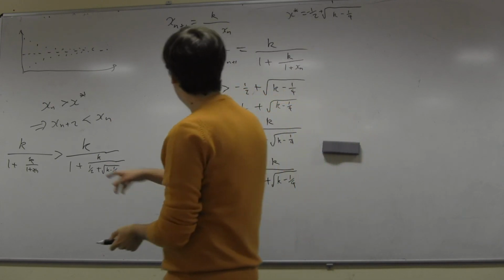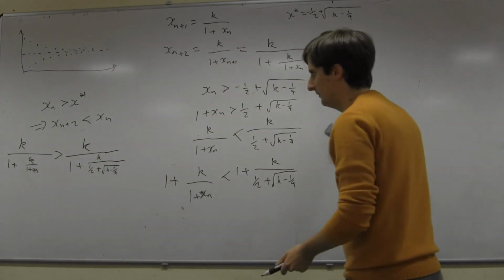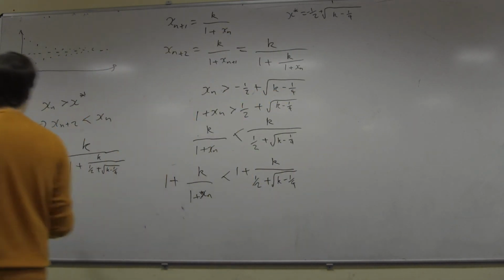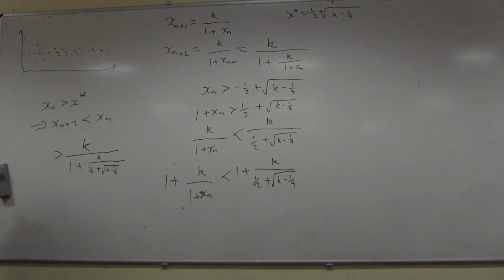So what we have on the left hand side now is xn plus 2. Let's just call this xn plus 2.